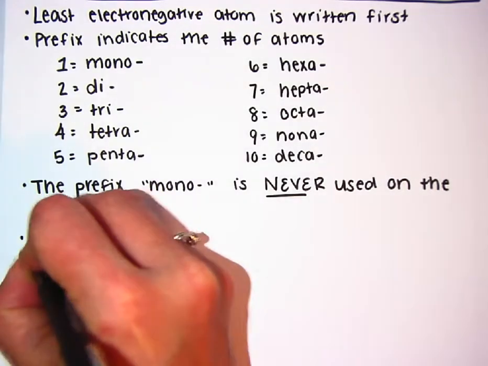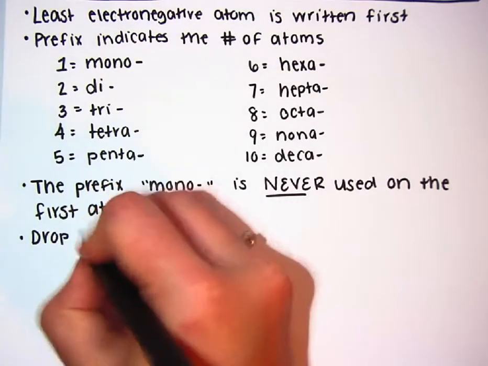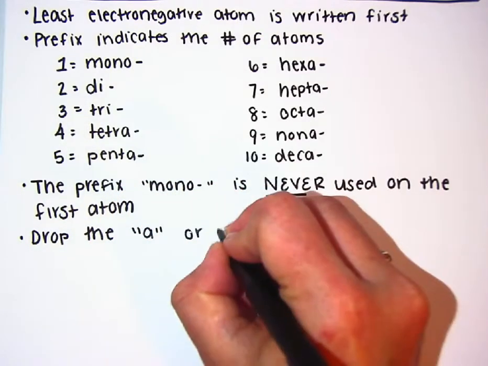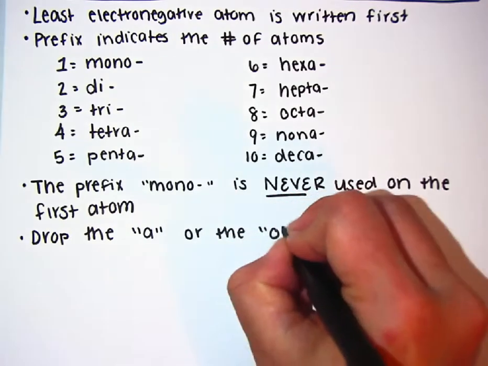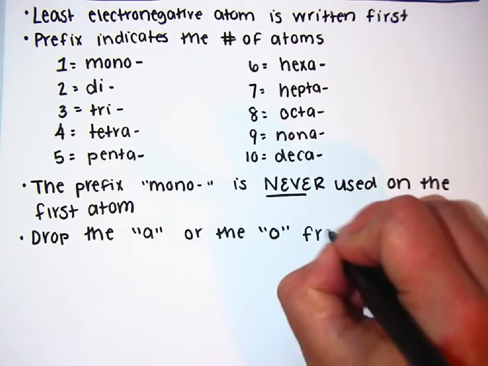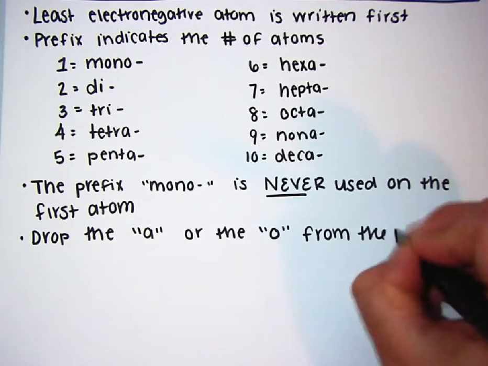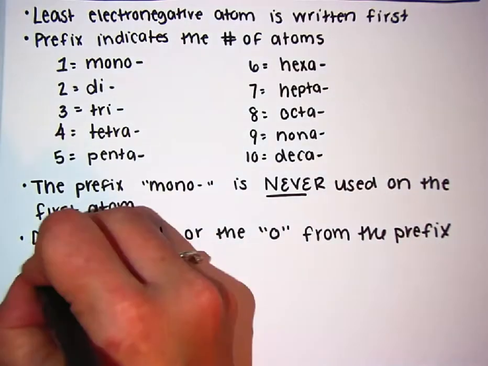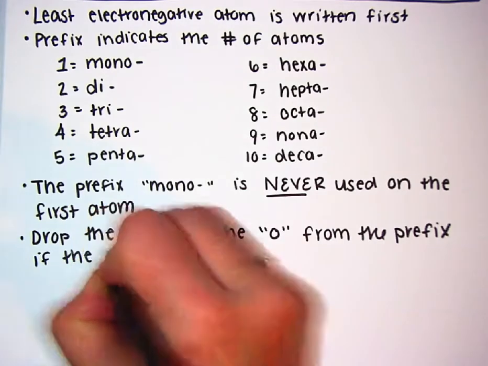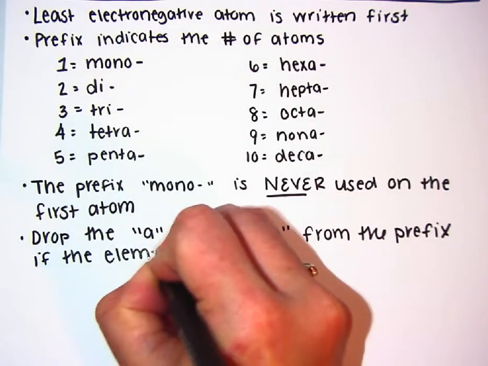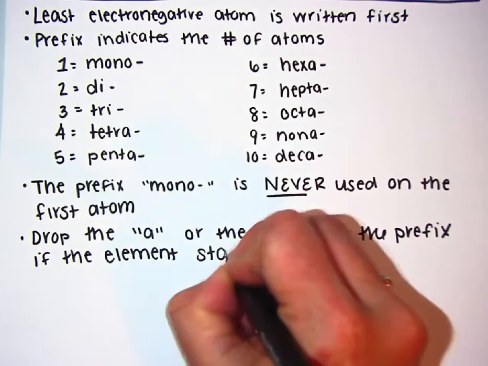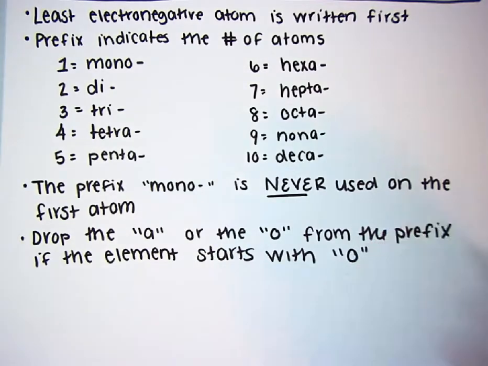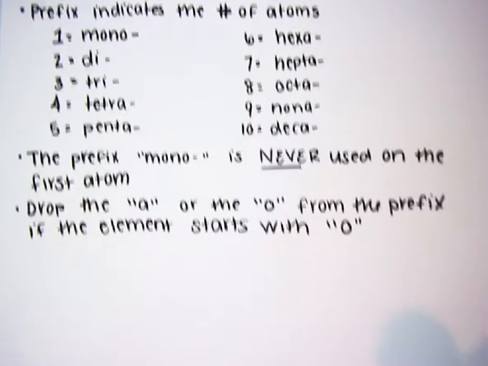Rule number 2. We are going to drop the A or the O from the prefix if the element starts with O. So we just want to drop that double vowel.